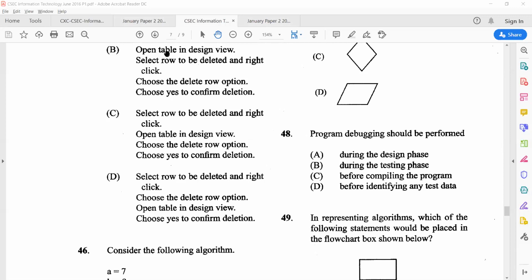Right. So you generally do debugging when you're testing, right? So the answer would be B, during the testing phase.